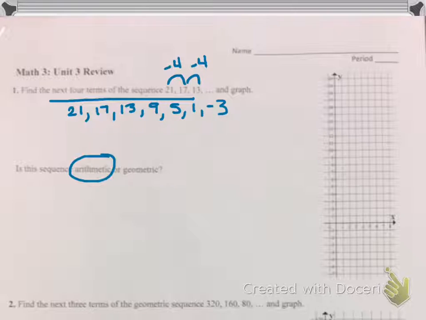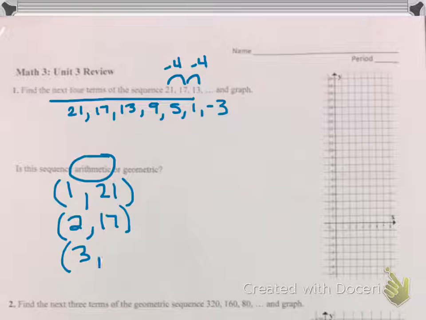Now it asked me to graph this, and in order to graph it, if you remember, you're just going to write your ordered pairs. In your ordered pair, the first part is the number of the term it was. So you have your first term, and the first term was actually 21. You have your second term, and its value was 17.